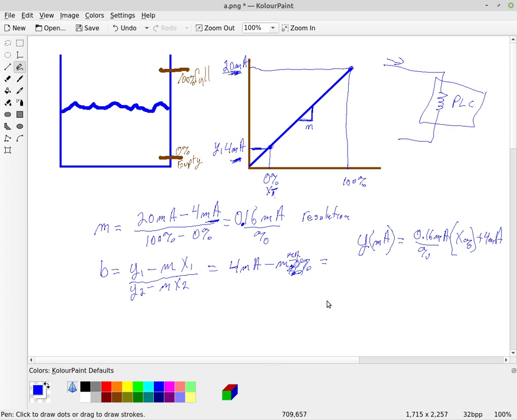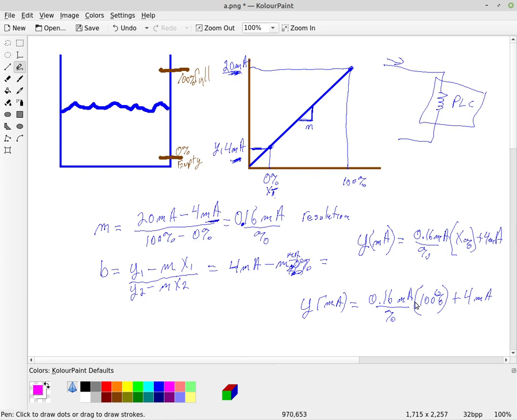Okay, so let's just watch and see what happens, right? We take Y in milliamperes equal to 0.16 milliamperes per percent times 100% plus 4 more milliamperes.